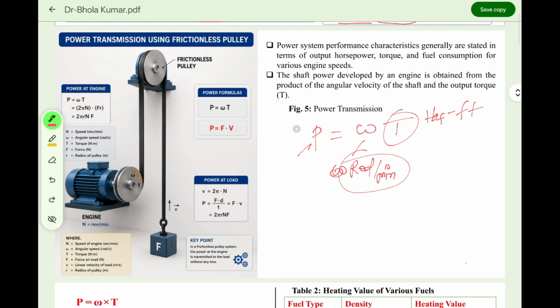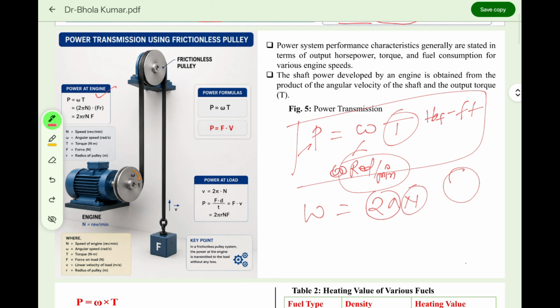If you divide this out, you will get this, right? These are the basic calculations. ω can be further written as 2πn, where 2π is one circular rotation and n is the number of revolutions, meaning how many revolutions per minute or per second your rotating disc or component is making, right? This is all about this. So let's jump to the next slide.